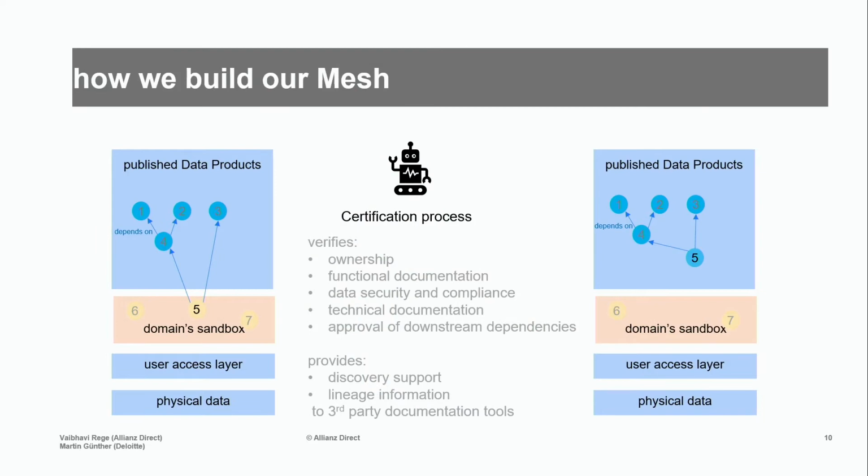That's why you have these two boxes, a domain sandbox, and only when the ownership is clear, the things are entered into a catalog, and you have the right security in place, that's when your product is qualified to be published. We do not restrict data access for our users. Once a data product is published, and if you're part of the Allianz Direct group, you can already read this data.